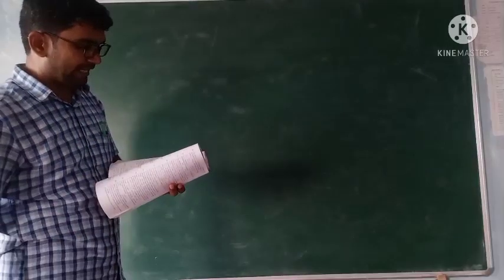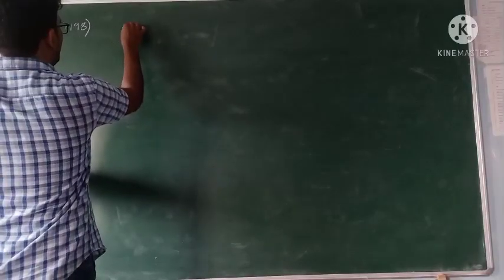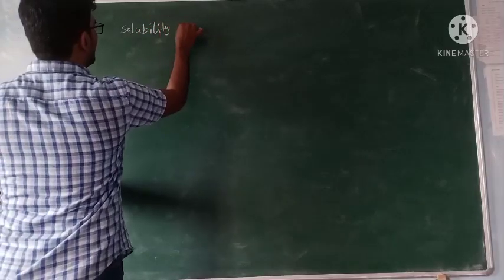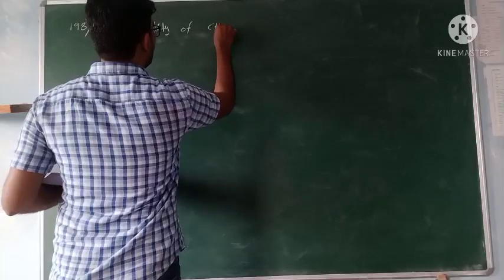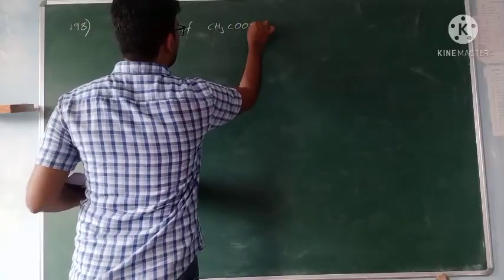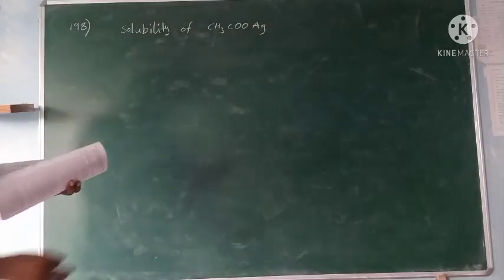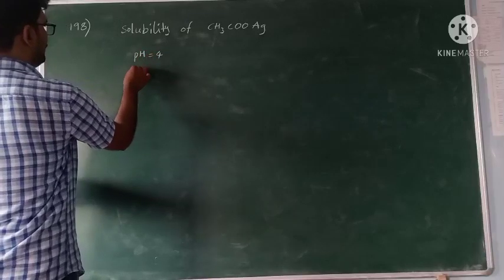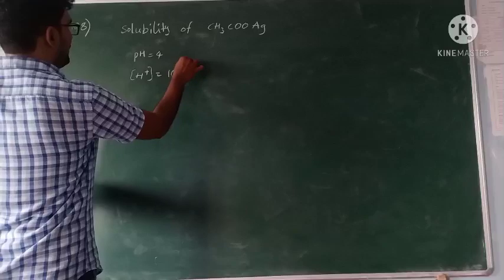Next, 198. The solubility of CH3COOAg in a buffer solution of pH equal to 4. pH equal to 4 means the concentration of H plus is equal to 10 to the power of minus 4.